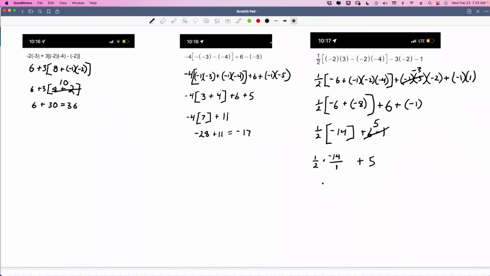So we just say negative 14 over 2, because we multiplied, that's our resulting fraction, plus 5. Negative 14 divided by 2 is going to give us, these are different signs, so the answer is going to be negative, and 14 divided by 2 is 7. Plus 5 equals negative 2. Because we know they're different signs, so we subtract, and the bigger sign is negative, so the answer will be negative.